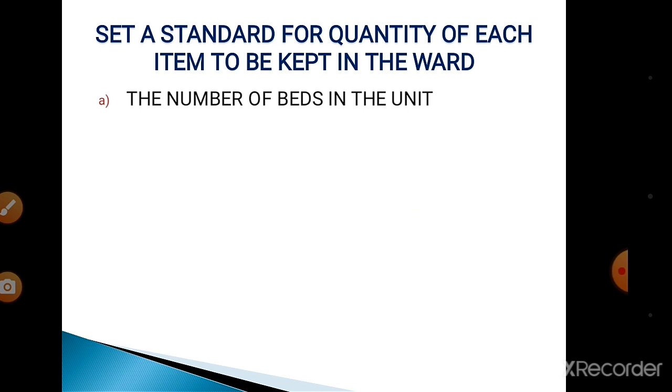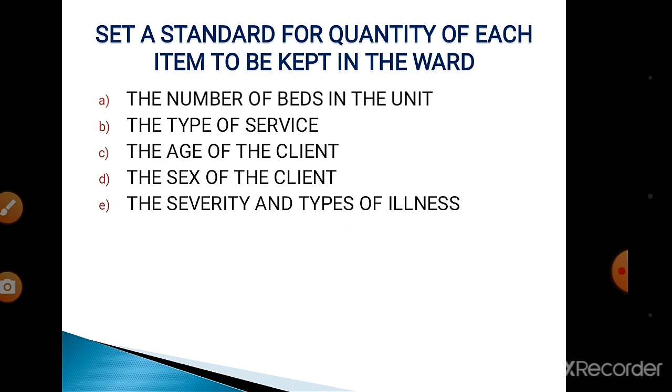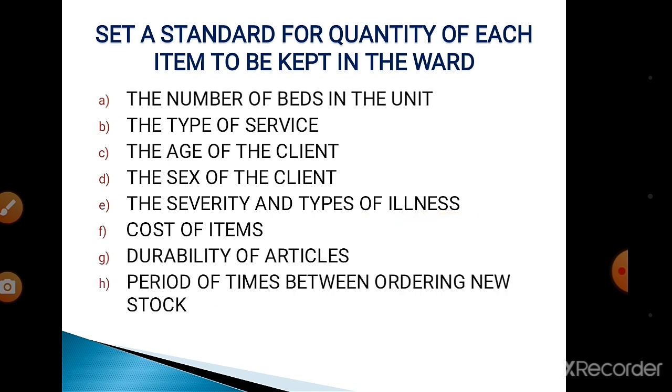The number of beds in the unit, the type of service, the age of the client, the sex of the client, the severity and types of illness, cost of items, durability of articles, period of time between ordering new stock.